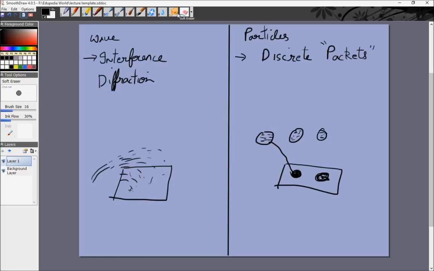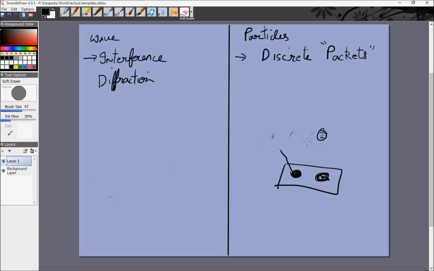An example which might illustrate this in terms of light, and this is actually seen in real life, is when you have a light of very small intensity and you put a light detector in a room. So let's say you have a very dark room in which you have light of incredibly small intensity. In that case, if you have a light detector, the wave quality of light would say that the detector would never detect anything, because you would need a certain amount of energy for the needle in the detector to move.